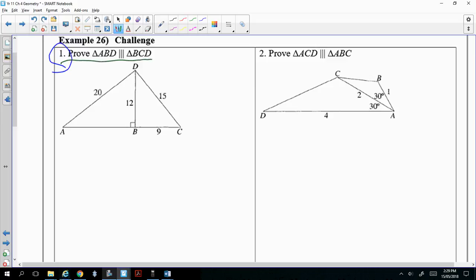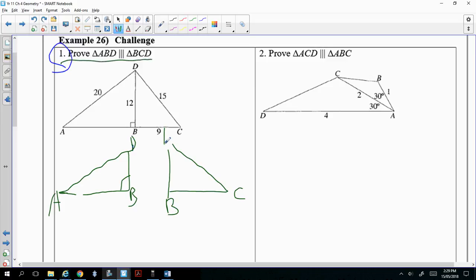C, B, D. 12, 9, 12, 20. Okay, draw this first. Now, these two triangles, we try to prove they're similar. In this case, we can't use the included angles because there are no included angles.